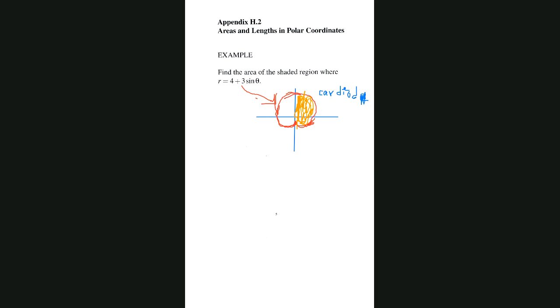Because I know I have a formula to find the area of a shaded region. Okay, this is the pole. I mean, this here is the, let me maybe make it in black. This here is the polar graph, right?